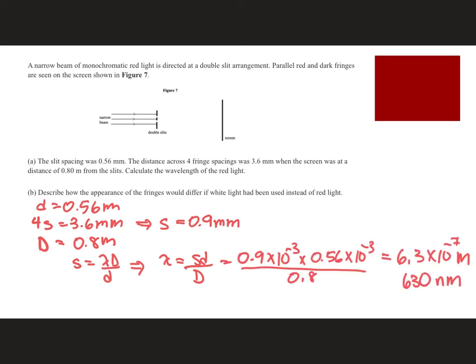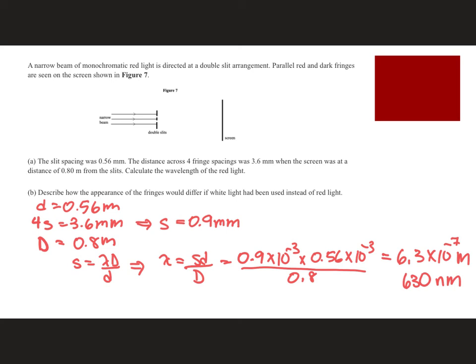So notice that I wrote them all in meters. It's really important that we keep track of this, so that my final answer is 6.3 times 10 to the minus 7 meters, which is 630 nanometers. And that is in the visible light spectrum, so perhaps I've got a good answer. And yeah, it's pretty close in the red wavelength.